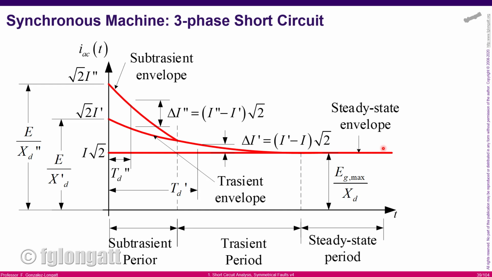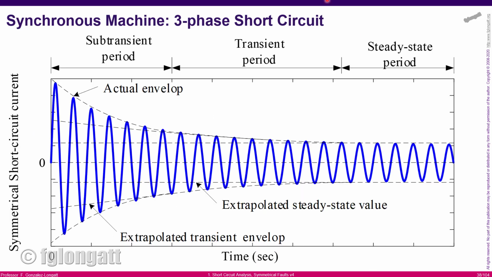What I'm trying to explain to all of you is that this is the original situation, but we are making an assumption. An assumption that here we have fast changes in the magnetic fluxes inside the machine. There is a big current, and then there is a transition period, and then we have a steady state.